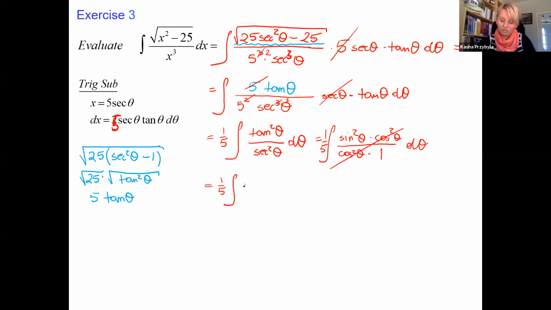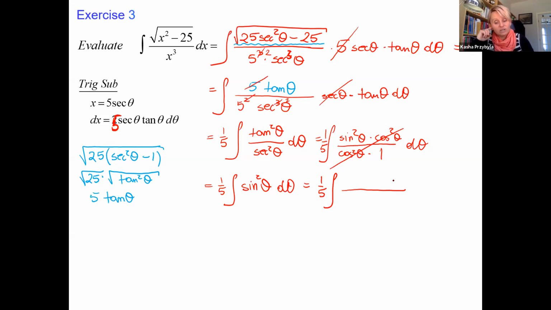We just have, and that's actually an interesting integral, sine squared theta d theta. This is an important integral. It's also in section 7.2. Do you possibly remember how to integrate sine squared theta? We have to use the half angle formula.